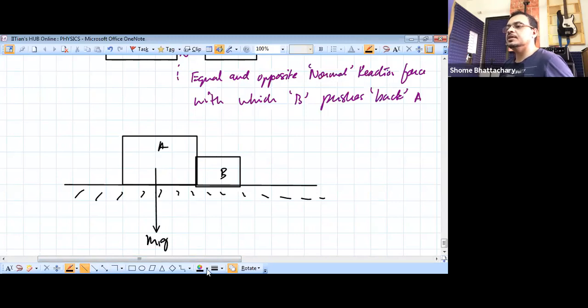So the floor will react by applying an equal and opposite force on this one in the upward direction. So the floor will be applying some kind of force like this. This is, let's say, the normal reaction on A because of the floor.